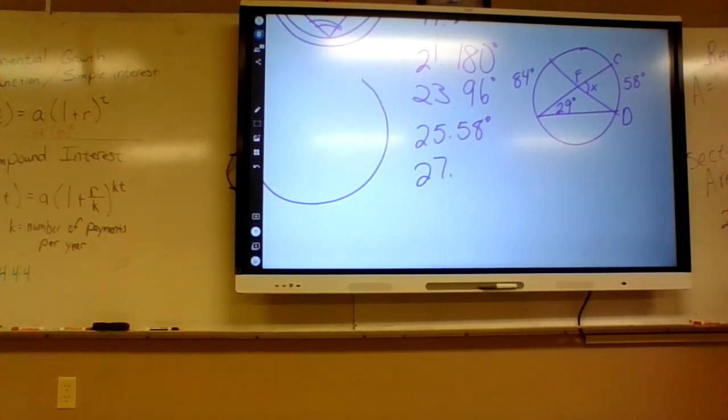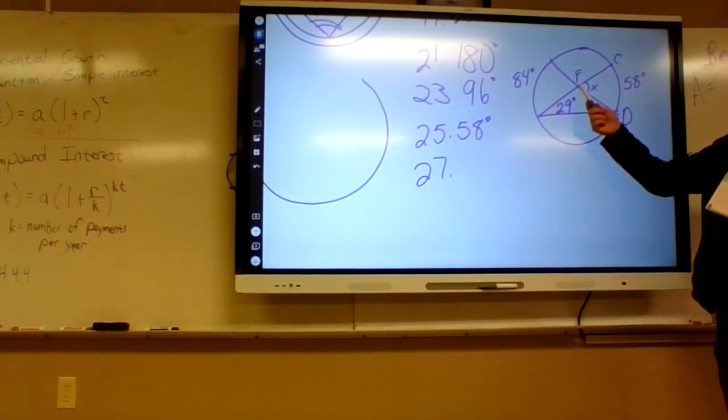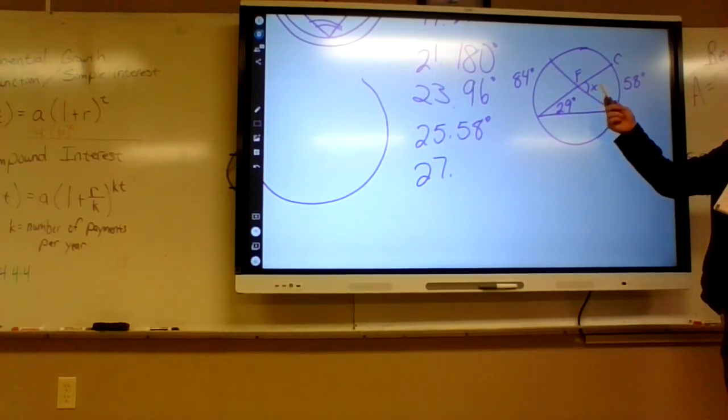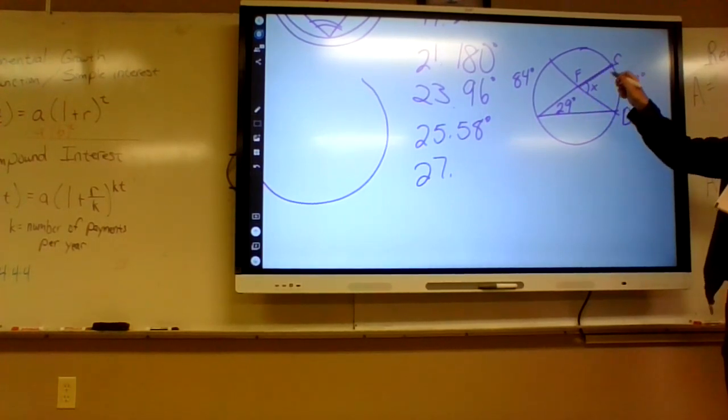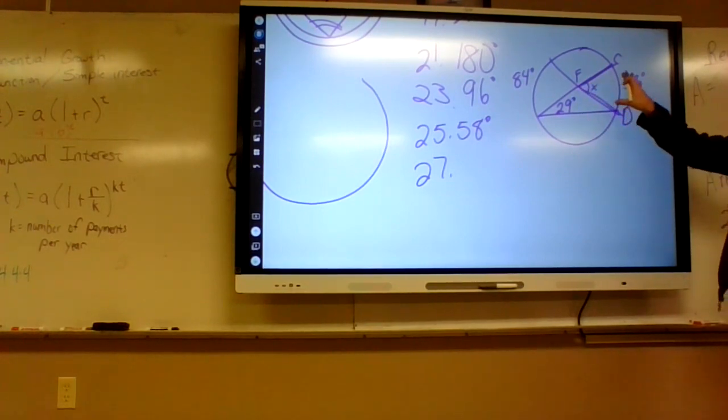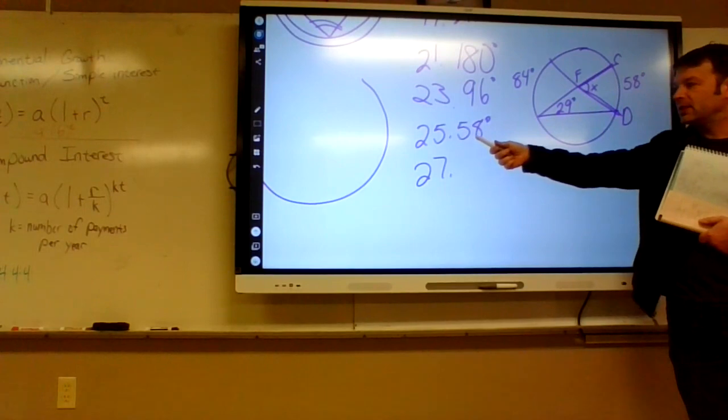This one takes some memory. We haven't talked about this one in a while. When you have an angle floating around somewhere in the middle of your circle, how do we find it? You add them and divide by 2. Right. So this angle intercepts this arc, 58 degrees. We just found that was 58 on our last problem.